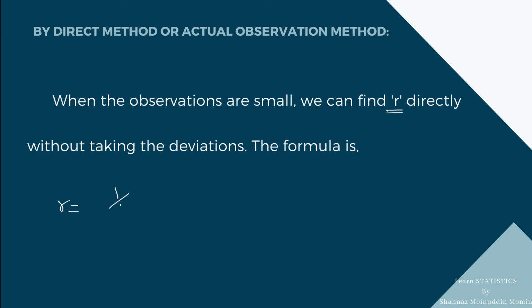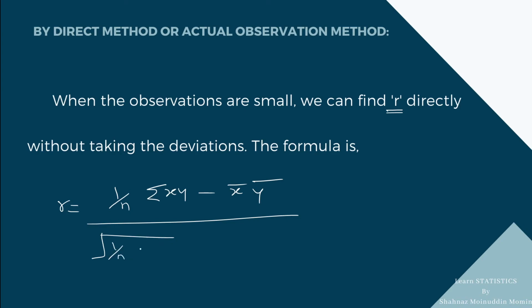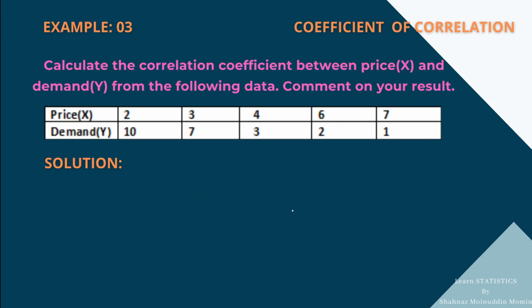So the formula is, we use here simplified formula, 1 by n summation x into y minus x bar y bar divided by under root 1 by n summation x square minus x bar square multiplied by under root summation y square minus y bar square. This is the simplified formula of Karl Pearson's correlation coefficient. So let us start with example number 3.